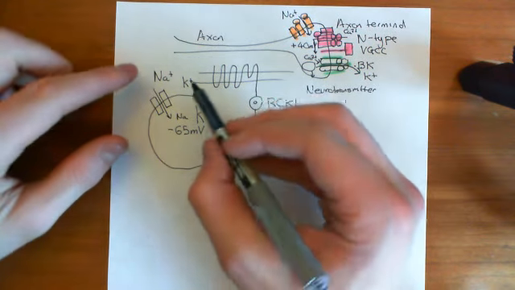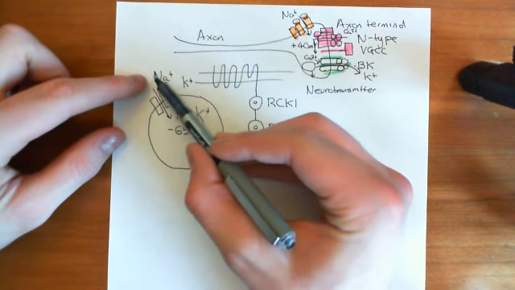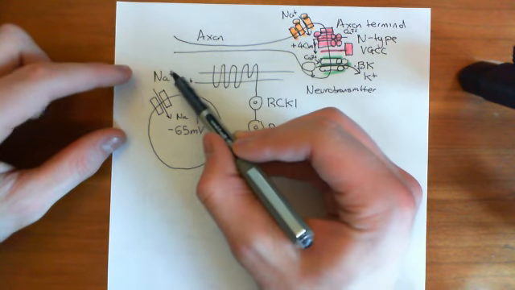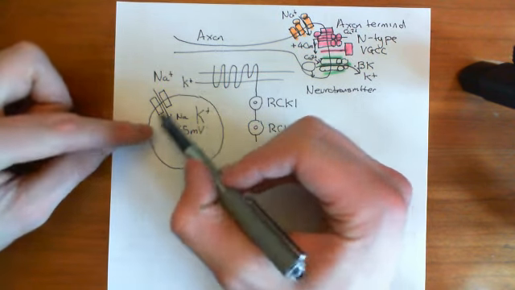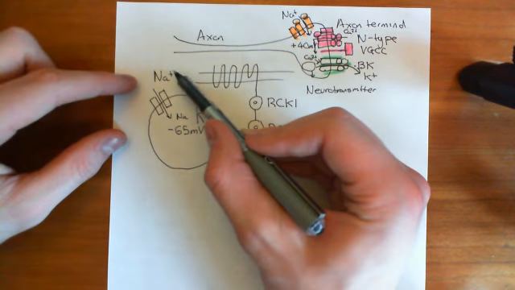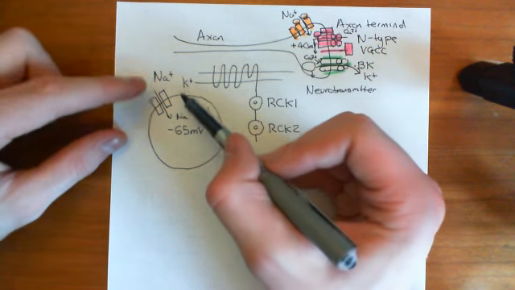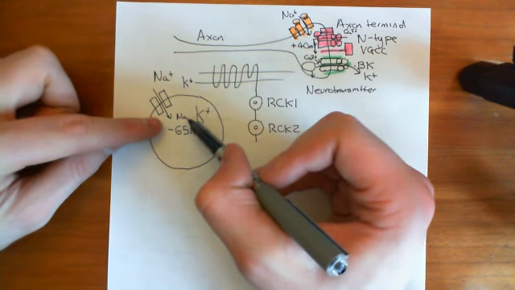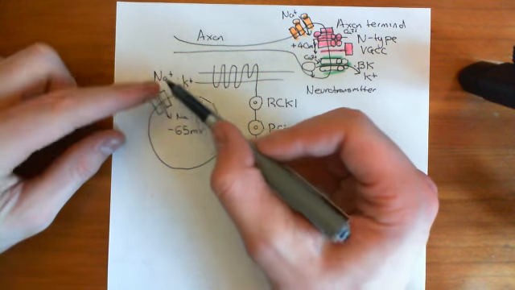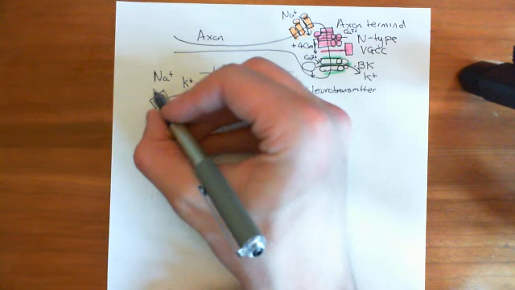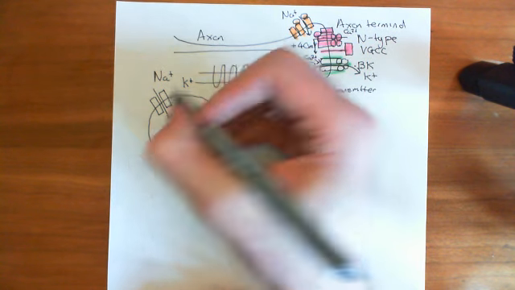So you're going to get a net movement of sodium into the cell, because both the concentration gradient and the electrical gradient are going to lead to the probability of a sodium molecule moving from the extracellular compartment to the intracellular compartment being greater than the probability that a sodium molecule will move from the intracellular to the extracellular compartment. So you're going to have a net movement of sodium into the cell.